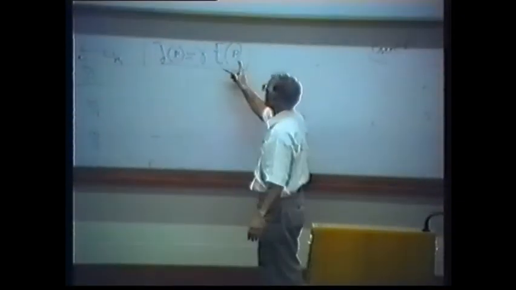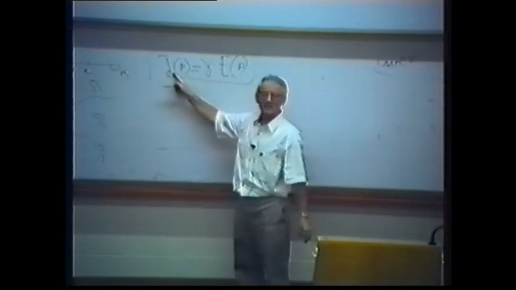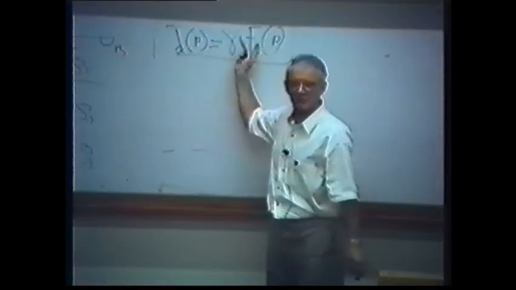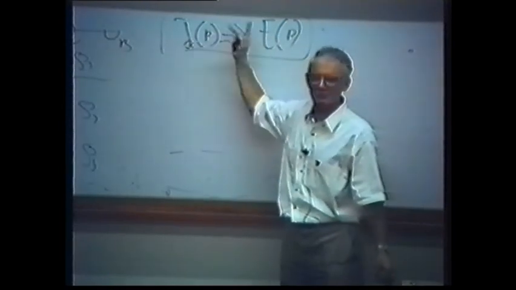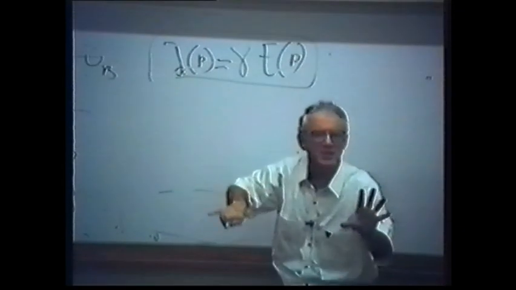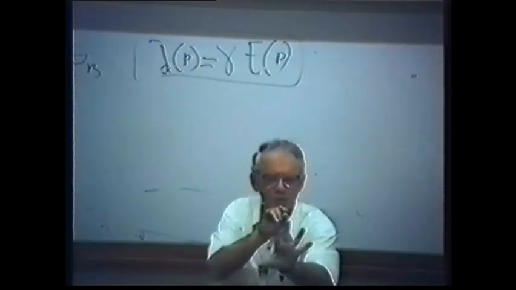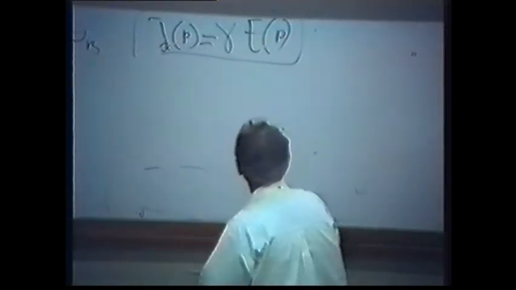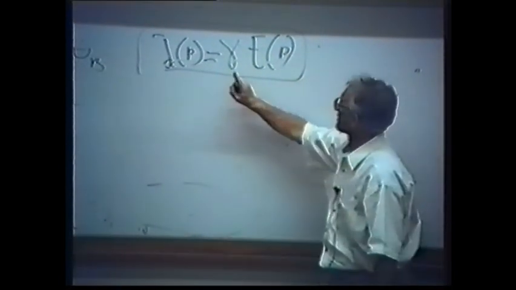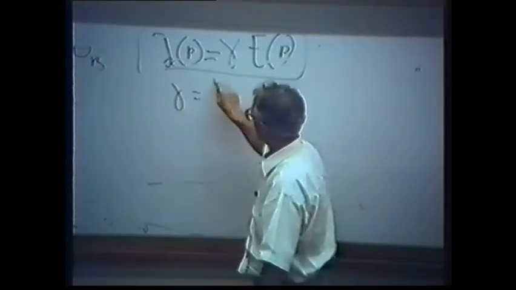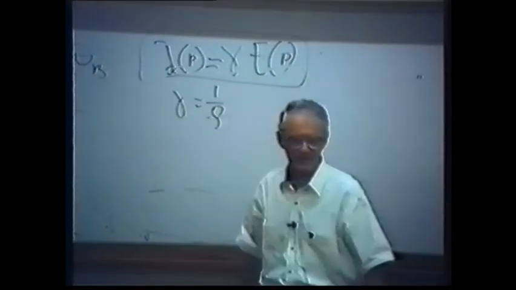Now, if we call this current conduction current, it's valid always, without any exception, for all fields. The amount of free charges moving through any surface per unit time, per unit area, equals gamma times electrical field. Gamma is unity divided by rho, resistivity.